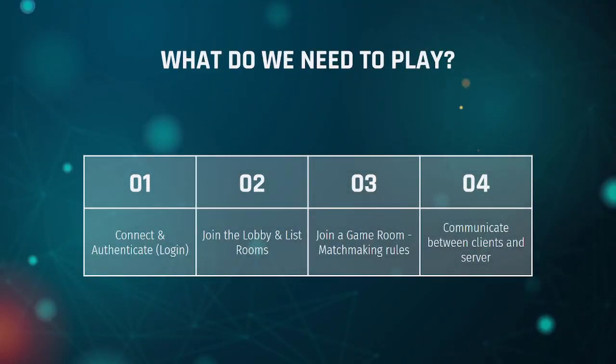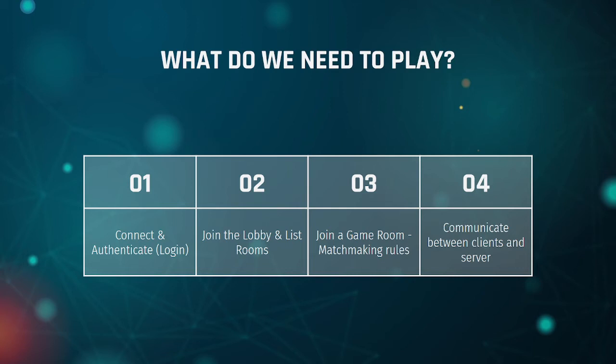Basically, we need to connect and authenticate. This is like doing a login. You do the login and the authentication depending on your platform. Sometimes you use Steam, or you can use, I don't know, the PlayStation Network. Then you have to join the lobby to see the rooms.